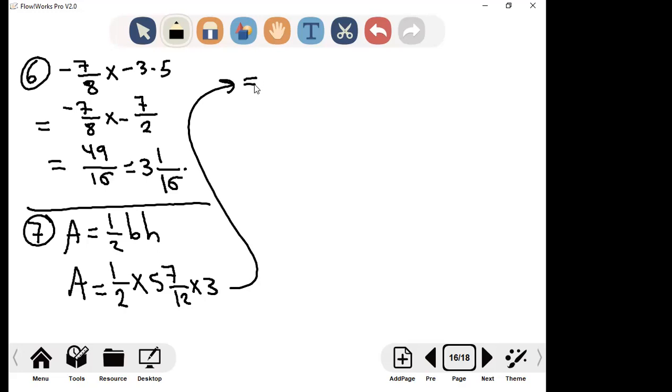Half multiply 12 by 5 is 60, plus 7 over 12, multiply 67 over 12. We turn this to a fraction: 12 by 5, 60 plus 7, 67 over 12. Multiply the 3, we can make it 3 over 1, right?